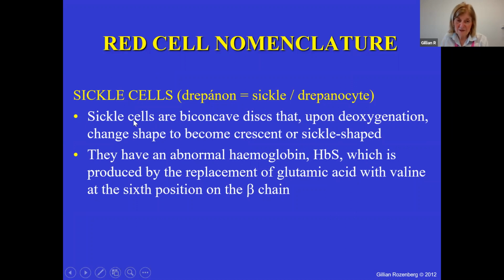Sickle cells. Sickle cells are biconcave discs that, upon deoxygenation, change shape to become crescent or sickle-shaped. They have an abnormal hemoglobin S, which is produced by the replacement of glutamic acid with valine at the 6th position on the beta chain.